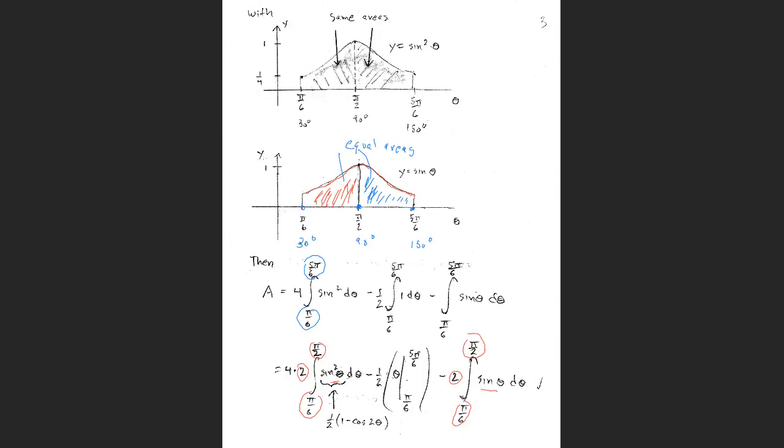So now I have that pi over 2 is a much nicer limit than 5 pi over 6. Oh, you can work with 5 pi over 6, but these are things that you have to keep an eye on.